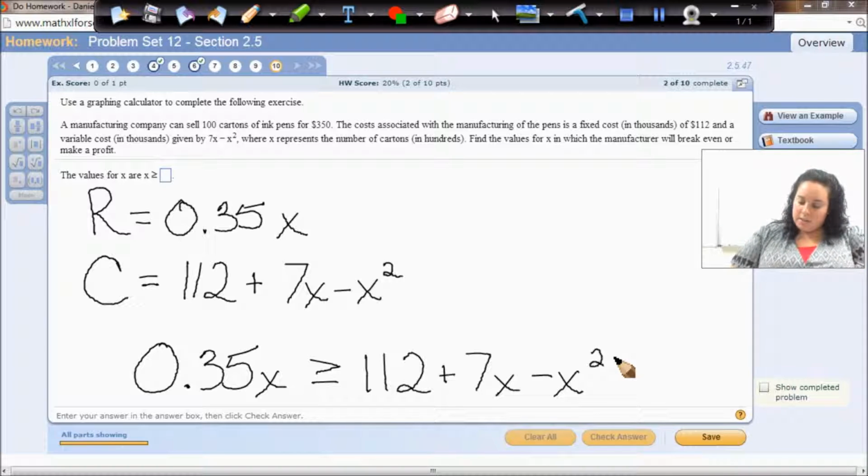All right, let's go ahead and set it equal to 0. So let's go ahead and move all of these things over here. Either way that you want to do it.